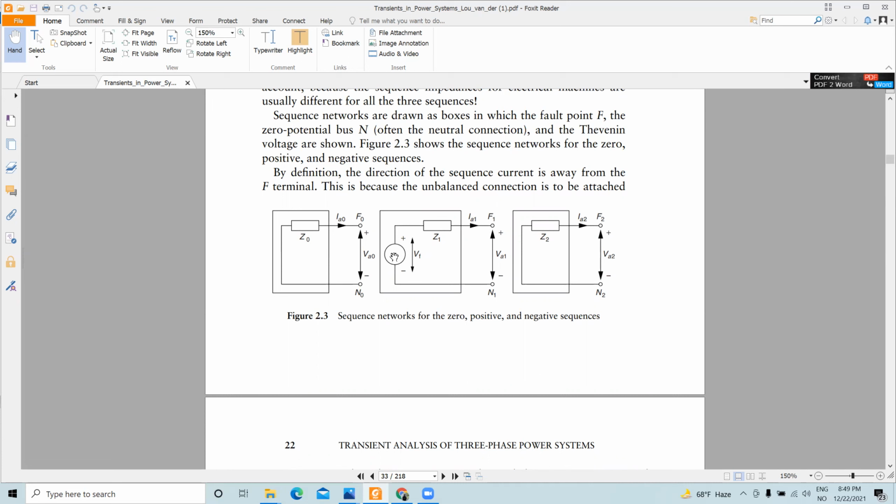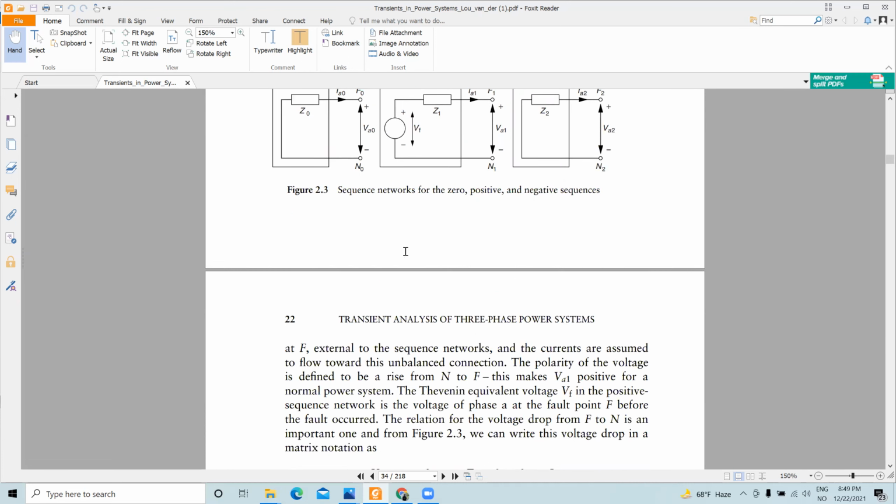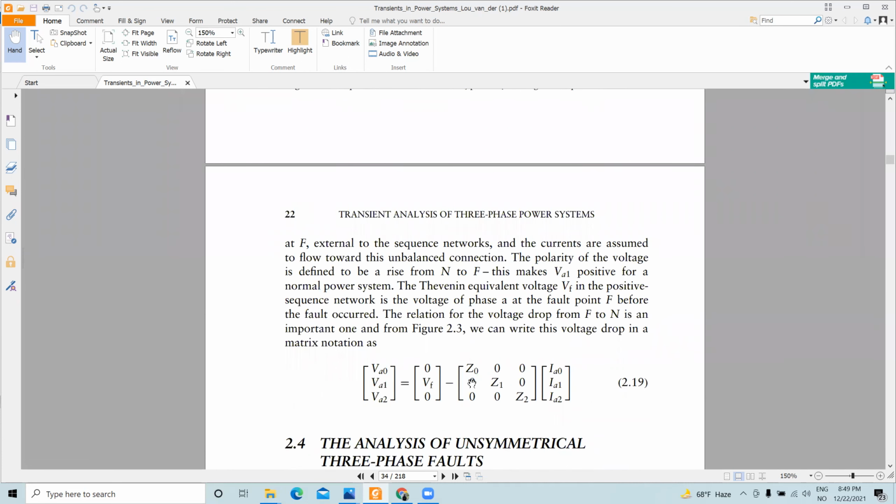So you have VF minus Z1 multiplied by the positive sequence current, with the zero sequence current term being 0. So the positive sequence voltage VA1 equals the Thevenin voltage minus the positive sequence impedance multiplied by the positive sequence current.